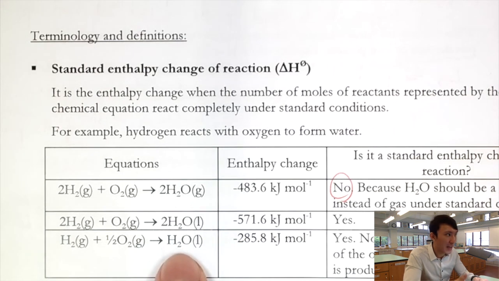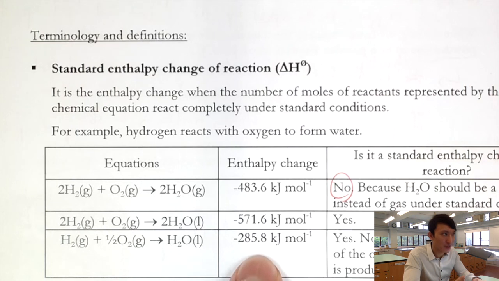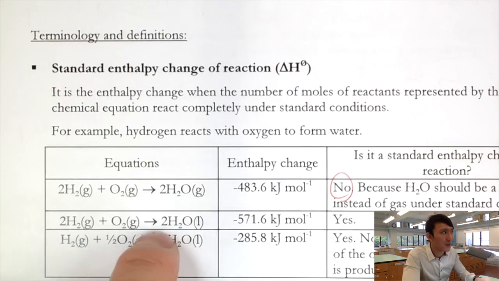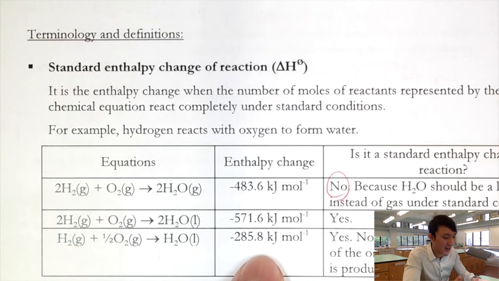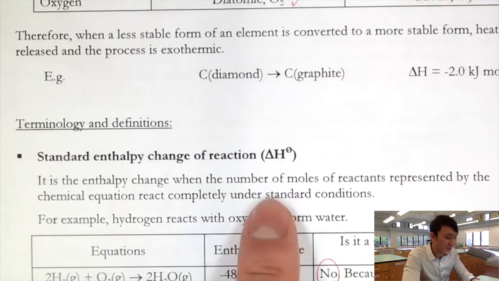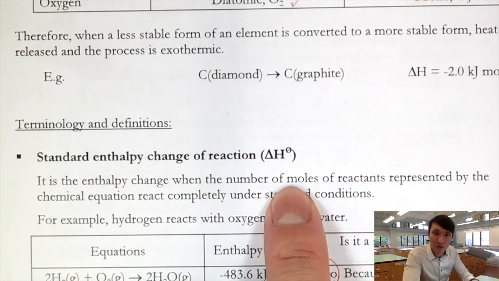When you produce half the amount of water, you release half the amount of energy. So based on how we write the equation, it has a different enthalpy change value. That's why we have to follow the chemical equation, following the number of moles of reactant and product shown by the equation.